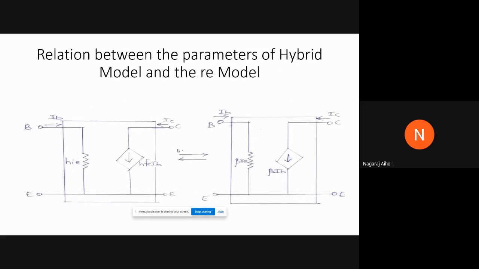Then we'll see the relation between the parameters of the hybrid model and the re model. This is what you are seeing on the left side. Which model is it? Can you tell me? Left side is which model?